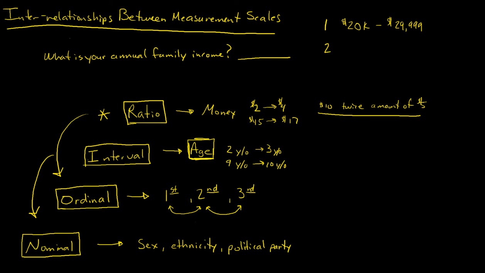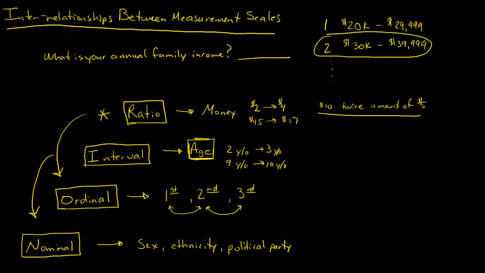A 2 would equal 30K to 39,999, and so on and so forth. How many ever categories you wanted, and then somebody would just say, okay, my family income is this one right here, and I circle it.